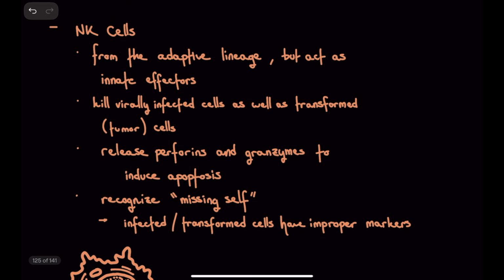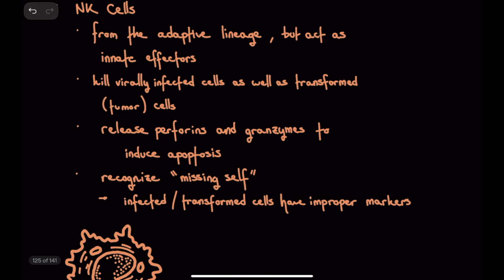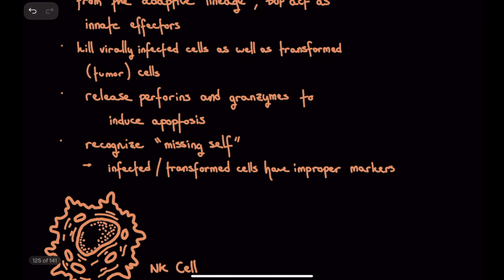All right. A couple more innate cells, 3 more innate cells, and then we'll go to adaptive. So these are a little weird. So your NK cells are up next. These are technically from the adaptive side of things, but I want you to forget that. We'll talk about that later. They're absolutely part of the innate system in terms of behavior. Their lineage is a little confusing, but they are innate cells. And what they do is they can detect if something is virally infected or if it is transformed.